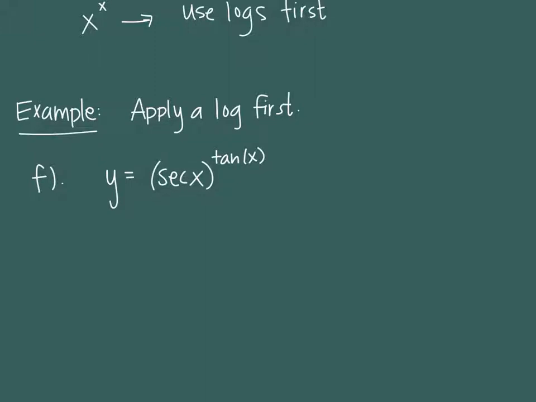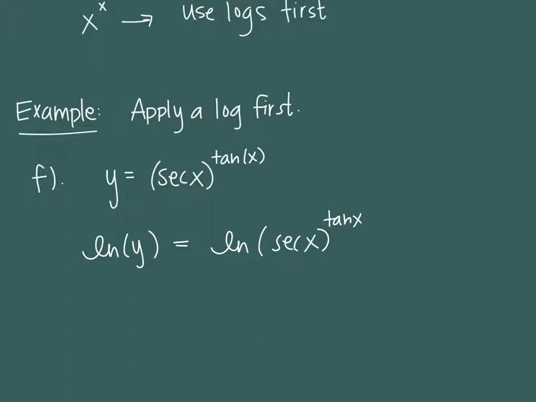Now, you can't just move tangent to the front and subtract 1. That's always one of the multiple choice options to catch the people who think, oh, I'll just move tangent to the front and I'll minus 1 and I'll be done. Okay, that's not how that works, but it's always there as an option. What you want to do is apply a natural log first. So around the y, you would apply a natural log, and around the opposite side, you would apply a natural log.